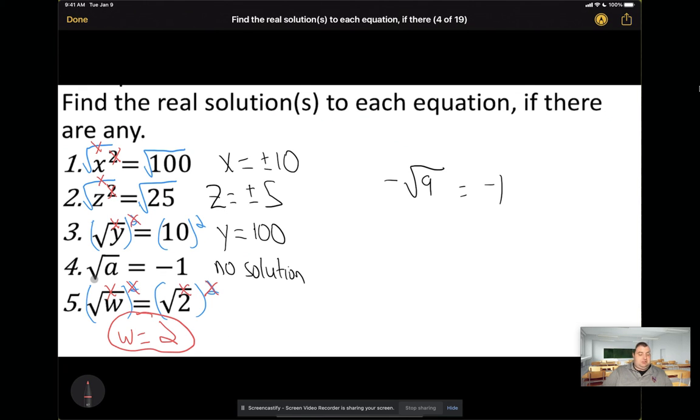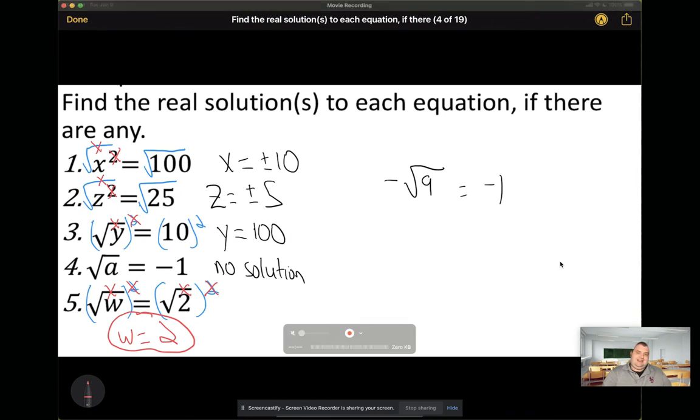If I have the positive square root of a number equals a negative number, it has no solution, because it is not mathematically possible for a positive number to be equal to a negative number. That is it for this lesson.